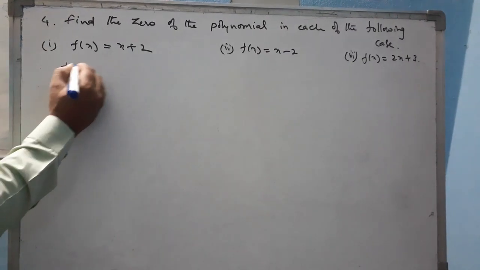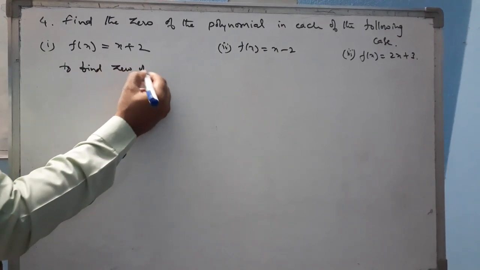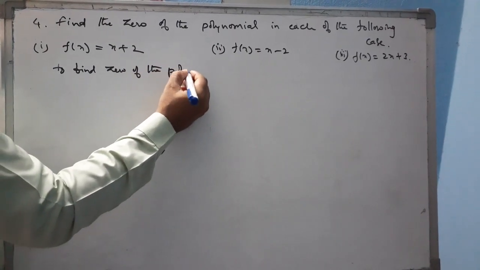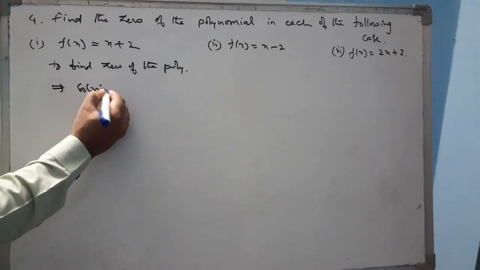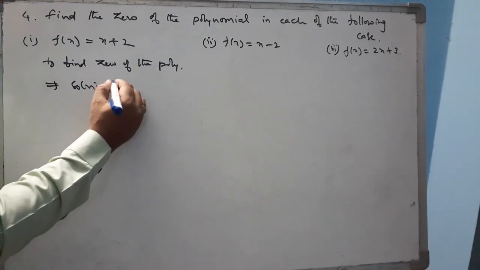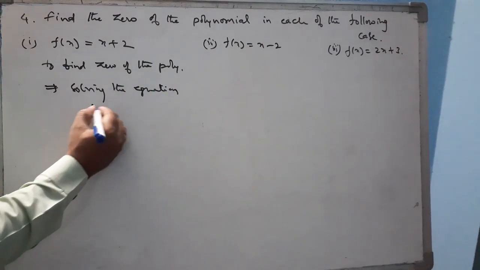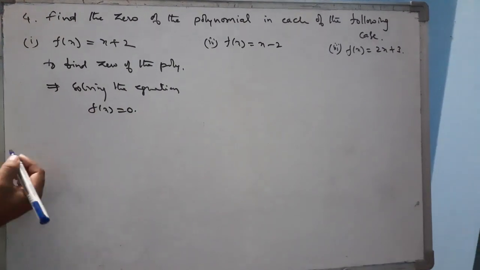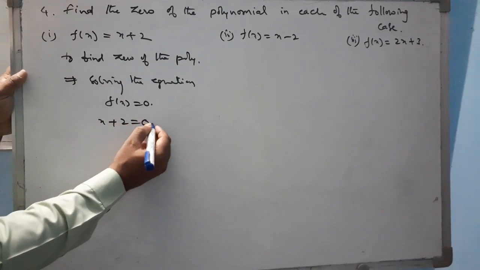So to find the 0 of the polynomial, that implies solving the equation f of x equal to 0. So f of x equal to 0 means here x plus 2 equal to 0.